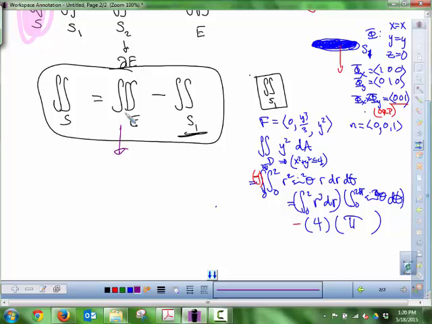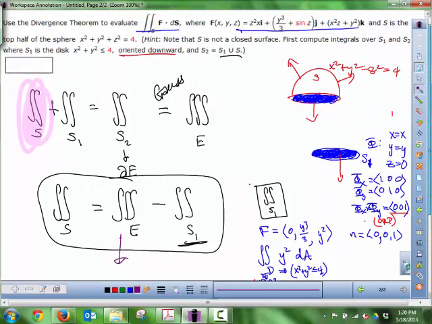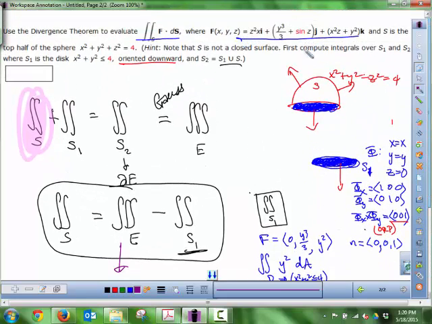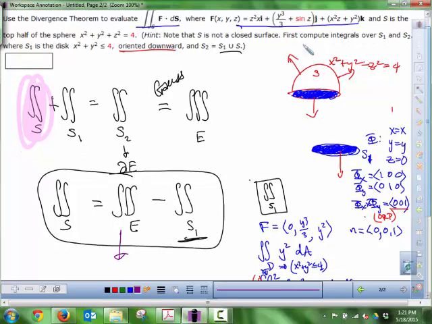Now let's take a look at the other part that we have to compute. The triple integral, according to Gauss, says that the surface integral can be turned into a triple integral if you take the div of the original function. So let's do that. The div of f is not a vector, it's a scalar.